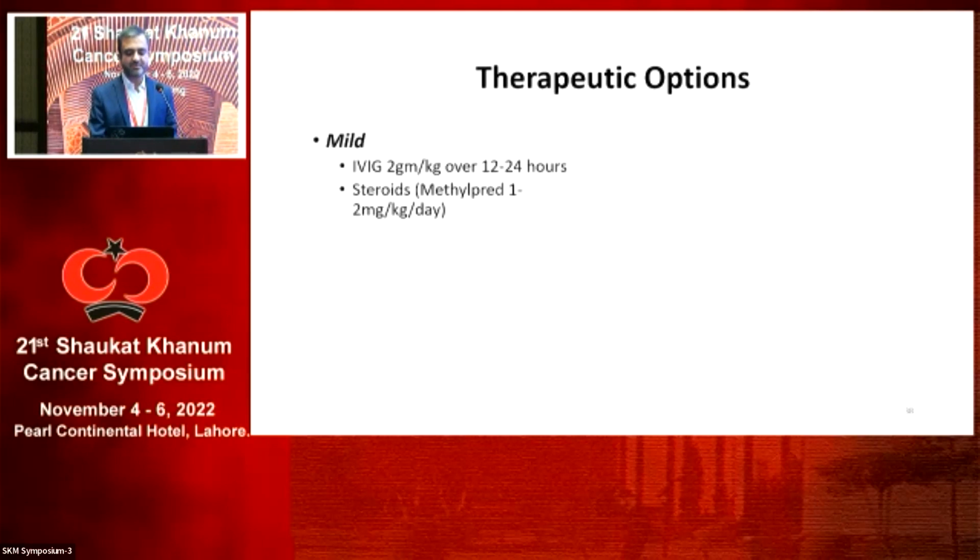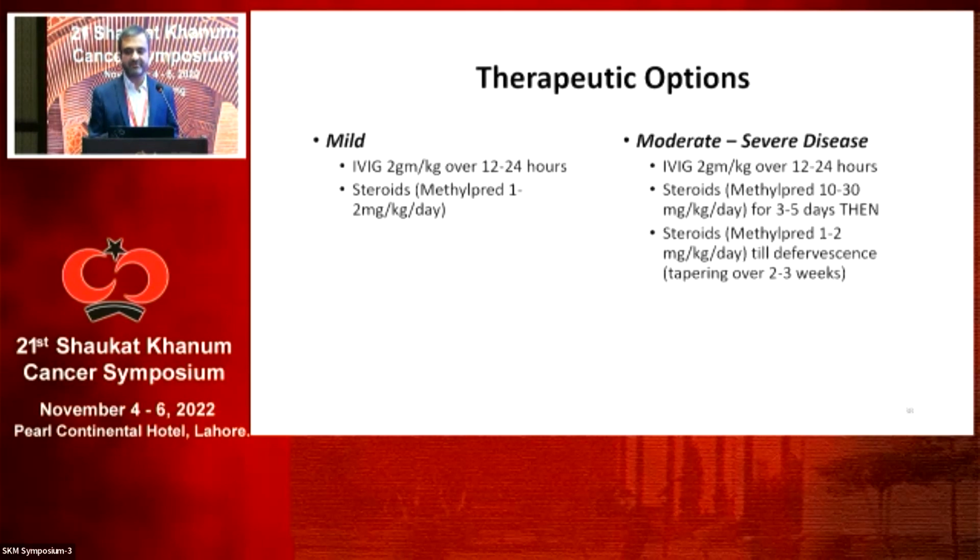So, therapeutic options: if the disease is mild, then it is recommended to start IVIG 2 gram per kilo over 12 to 24 hours, along with 1 to 2 milligram of methylpred per kilo per day. If the disease is moderate to severe, then IVIG over 12 to 24 hours, along with steroids, that is pulse or high dose 10 to 30 mg per kilo per day for 3 days, followed by a slow methylpred taper over 2 to 3 weeks as the disease defervesces.